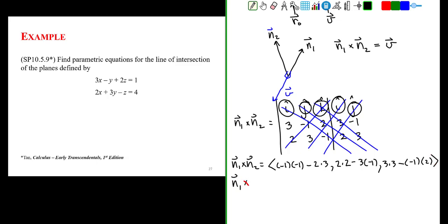This means that our cross product has a component where the x component is 1 minus 6, the y component is 4 plus 3, the z component is 9 plus 2. Therefore, our vector that is parallel to the line of intersection, given by the cross product of the two normal vectors, has components minus 5, 7, 11.